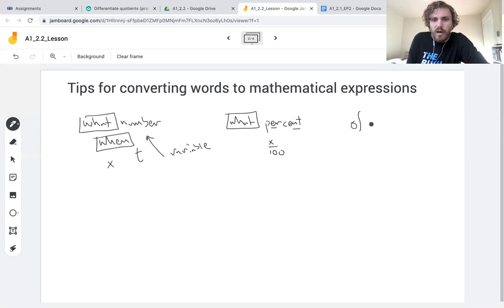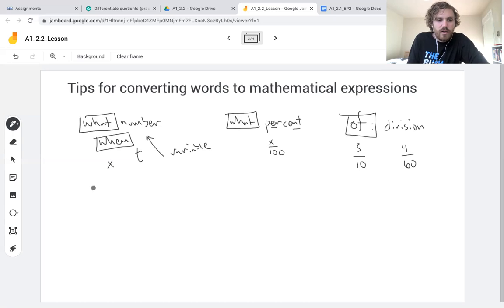Of, the word of means division. So when you hear, say, 3 of 10, that is saying 3/10, 3 divided by 10, or 4 of 60, that's saying 4 over 60. So the word of often means divide. Okay.